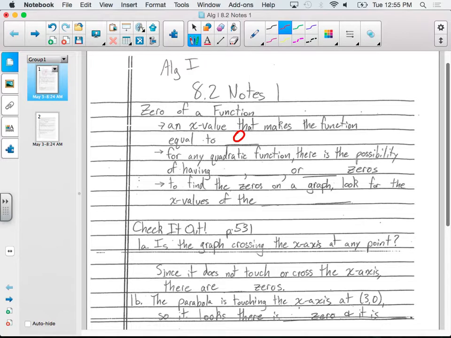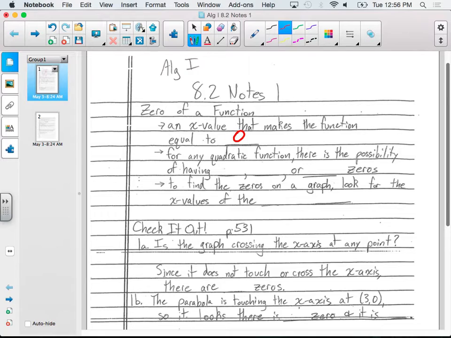So here's a little visual for you guys. For this quadratic that I drew, what are the x values that make this function 0? So x values that, after we plug them in, the y value is 0.